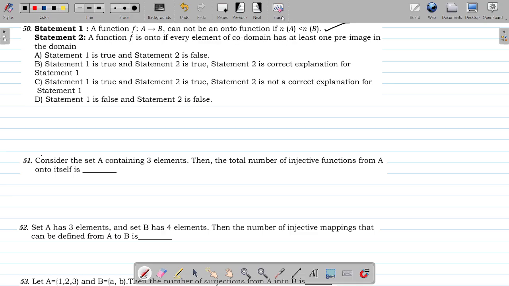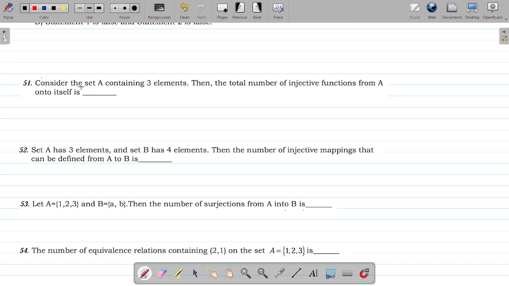Yes, so it is a true statement. Statement 2: a function f is onto if every element of the codomain has at least one pre-image in the domain. Yes, statement 2 is also correct, and it is the correct explanation for statement 1.